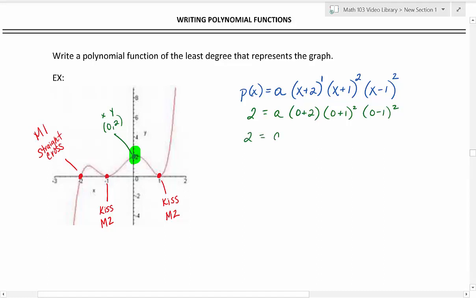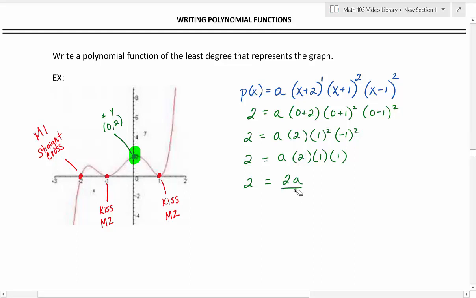Cleaning up on our right side, this will be a times 2 times 1 squared times -1 squared. 2 equals a times 2 times 1 times 1. This gives us 2 equals 2a.